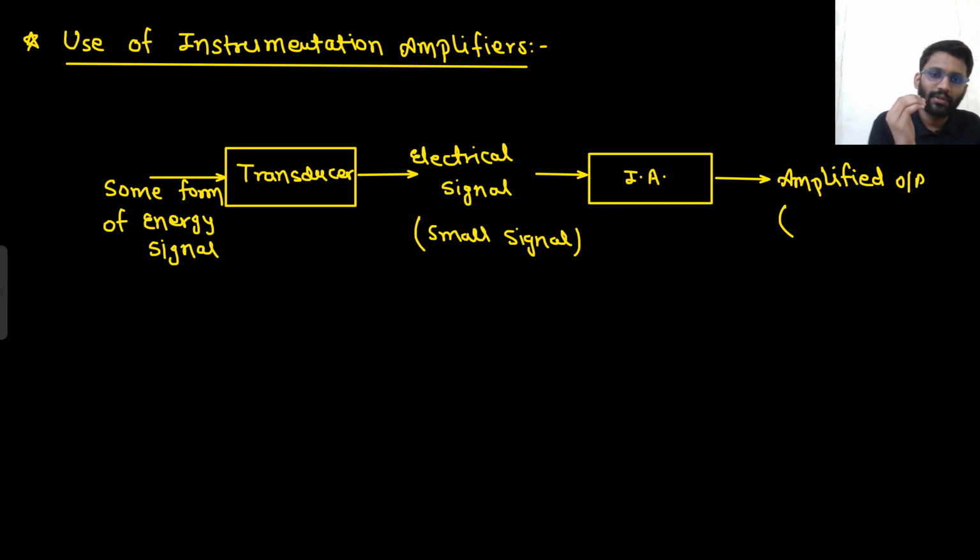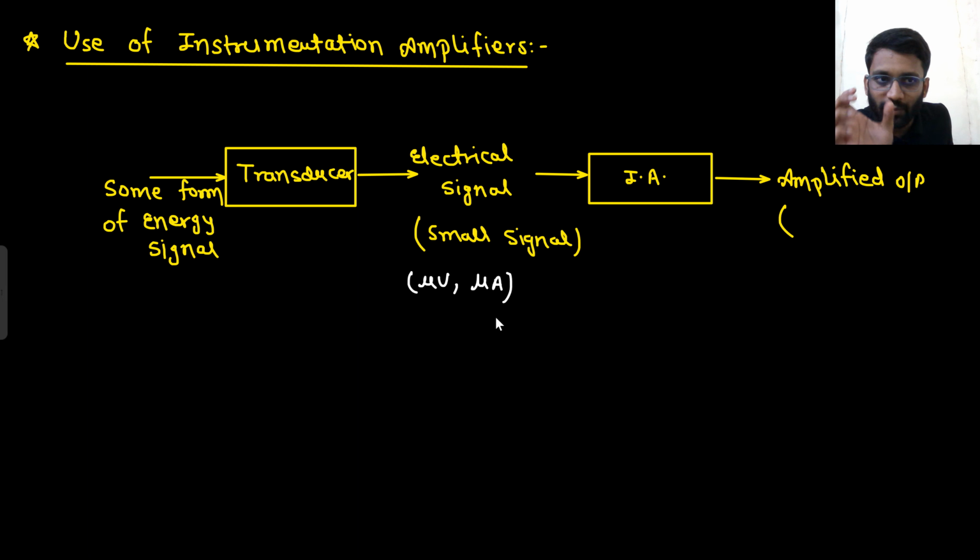Now the output that we get from the transducer is of very, very small magnitude. It will be of microvolt or microampere. If that is a very small signal, then the oscilloscope cannot read it, because microvolt, microampere will not be clearly visible in the oscilloscope.